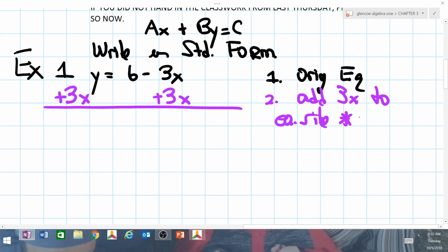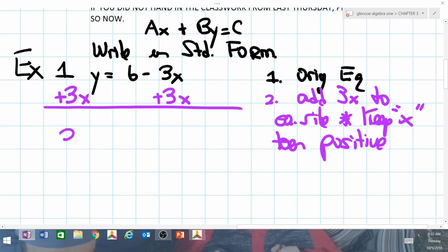And I'm going to give you an asterisk. You want to keep the x term positive, always. And so now you have 3x plus y equals 6. The equation is now in standard form.